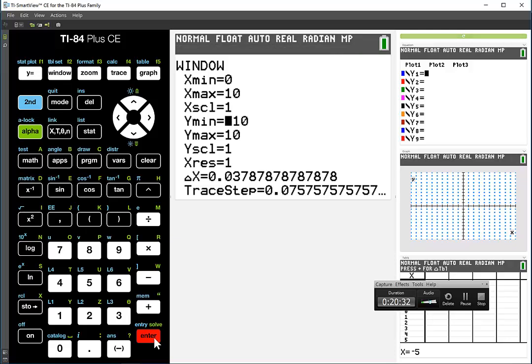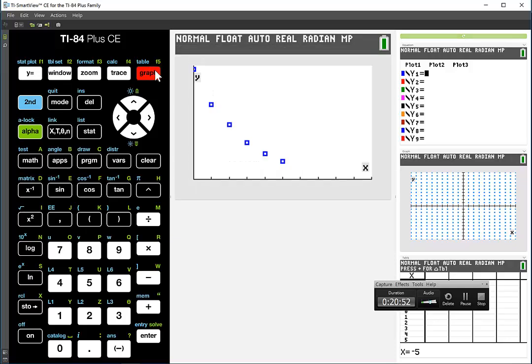My Y-min I'm going to have be 0, but my Y-max needs to be way up there, so I'm going to say 31,000. And I don't want to have 31,000 tick marks, so I'm going to take my scale on my Y values and turn that off completely. So now we've set our window. Once we've set our window, we can push the graph key, and we're going to see a graph of the data that we have that's going to be what we anticipated and plugged in to our problem.